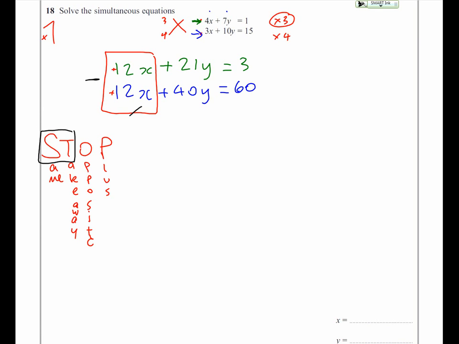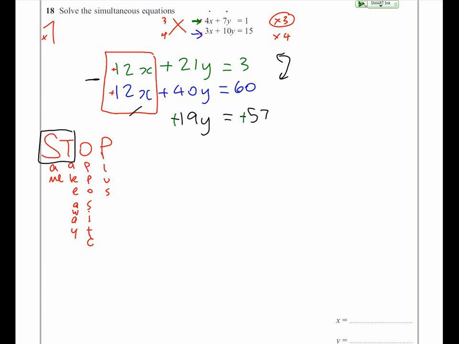We do 21 take away 40. Well, you have to think about your number line from that and count down, and you're going to get minus 19y. Another way to do this, which I don't do in my steps, is you can swap that, because I didn't want too many steps. 3 take away 60 is minus 57. And now we've got minus on both sides, so we can multiply by minus 1 and make them both plus.